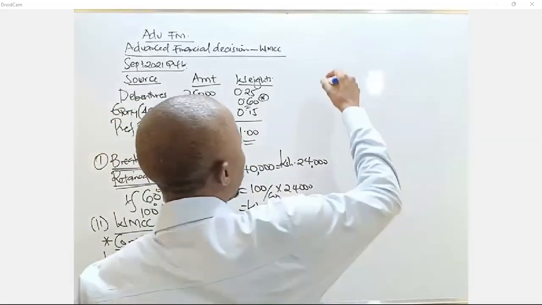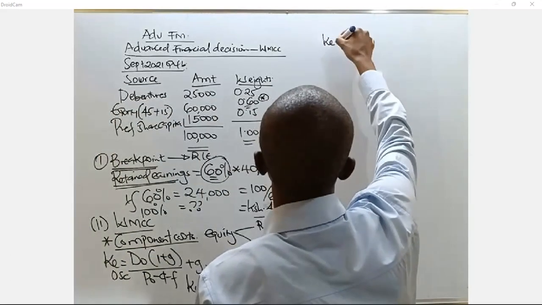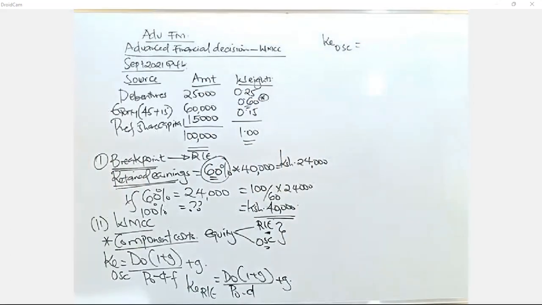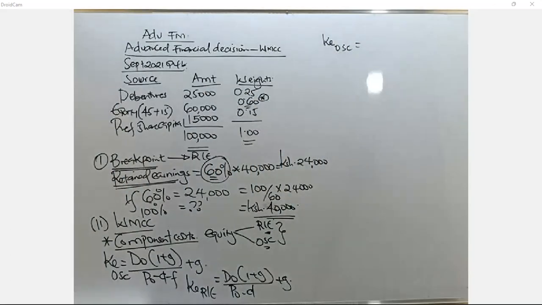So let me start by calculating the cost of equity of the ordinary share capital. I think number 3 is already done. Now, when you look at notes 1, 2, and 3, we can see in note number 2 that the company's ordinary shares currently sell at 50 per share, and the new ordinary shares will be sold at this price.